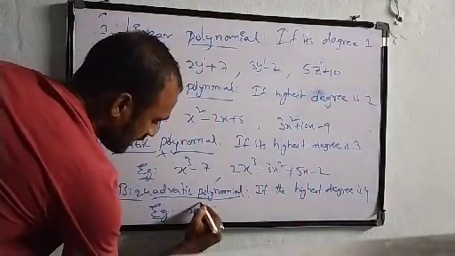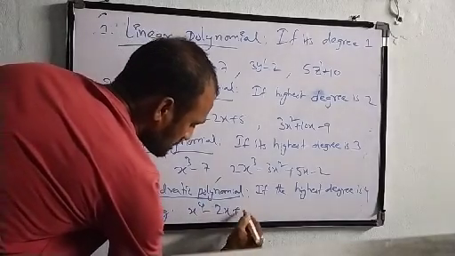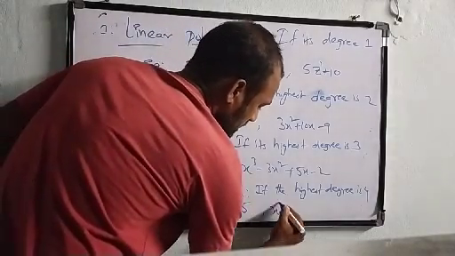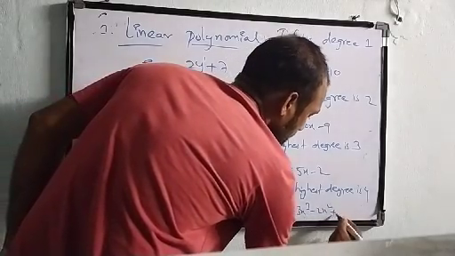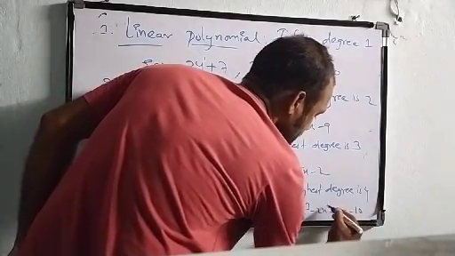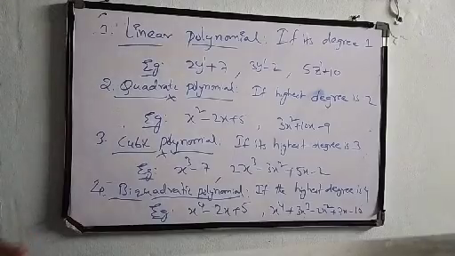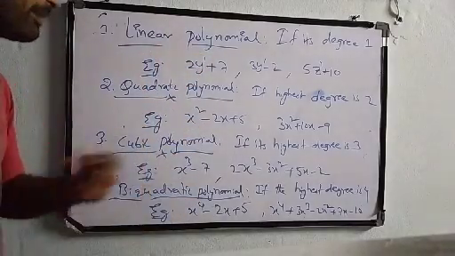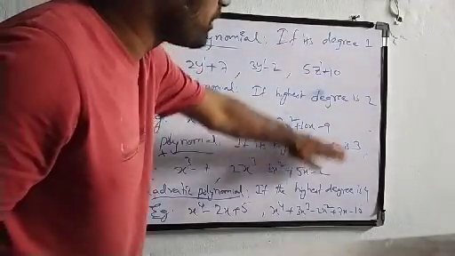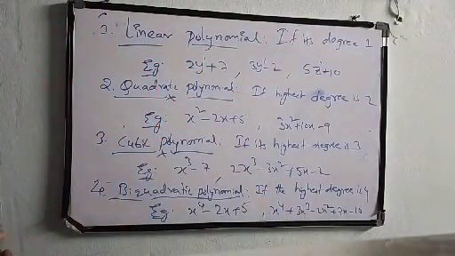So the example is x power 4 minus 2x plus 5. If we take the standard form, x power 4 plus 3x cube minus 2x square plus 7x minus 10. So these are the four types of polynomials: linear, quadratic, cubic, and biquadratic. Based on the degrees, we are differentiating four types of polynomials.